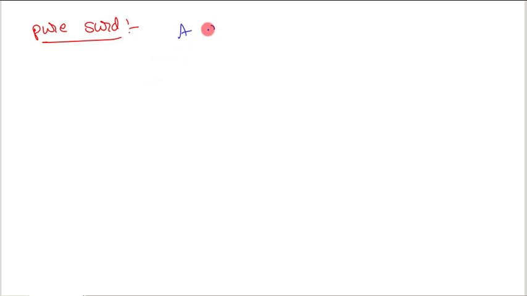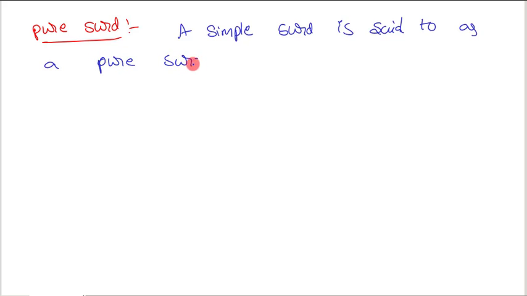A simple surd is said to be a pure surd if the coefficient of the surd is 1.